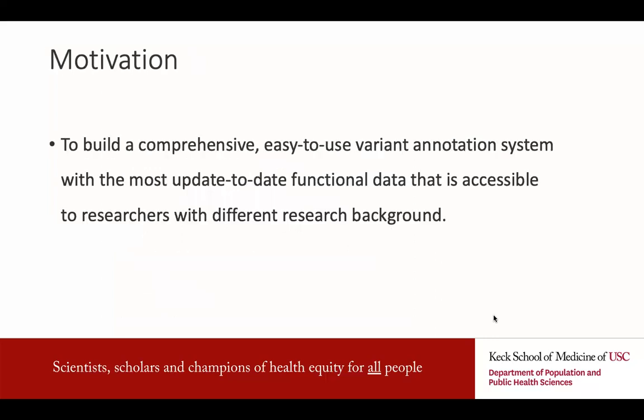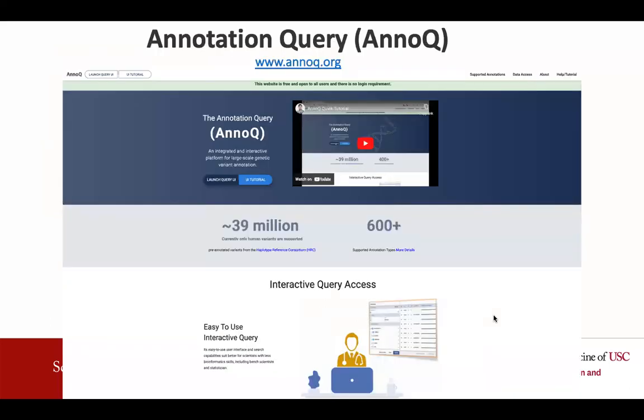So that's why at the time we decided to see if we could build a comprehensive and easy-to-use variant annotation system with the most up-to-date functional annotation, accessible to researchers with different research backgrounds. And 6 years later, we have the Annotation Query platform.